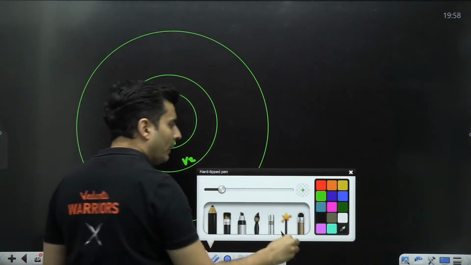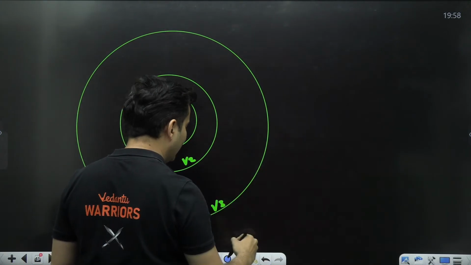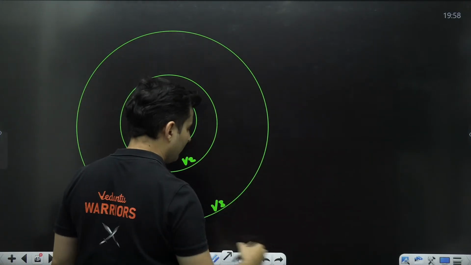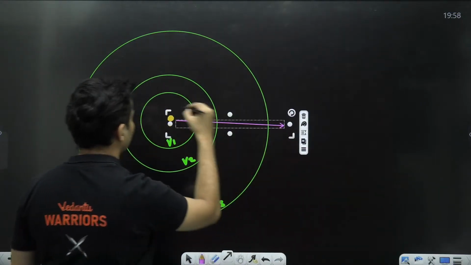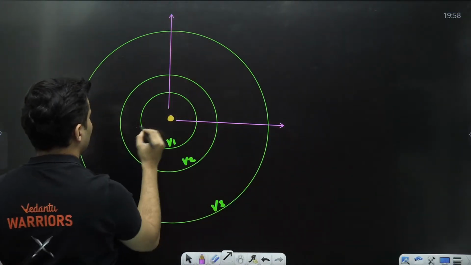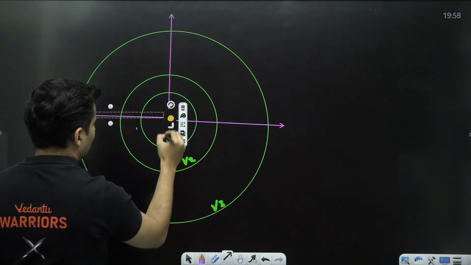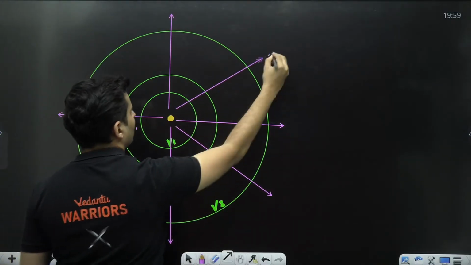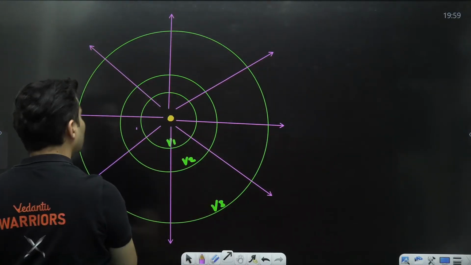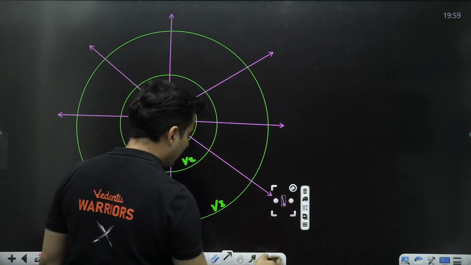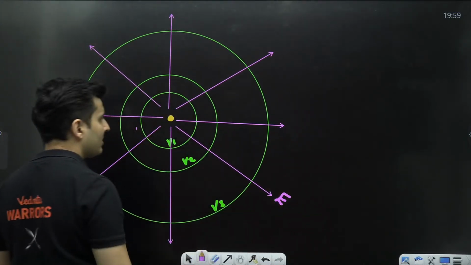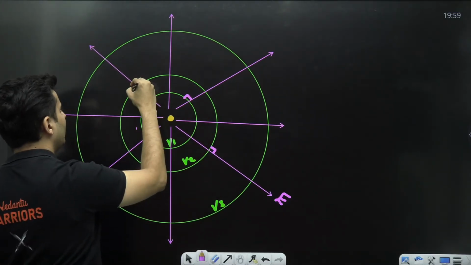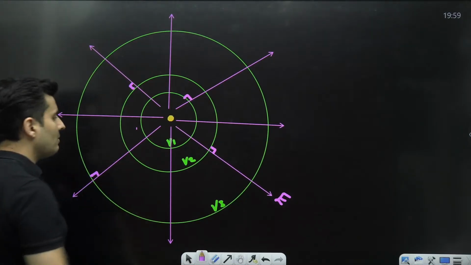Now, if you superimpose on it the electric field lines, they will look somewhat like this. Like this, and even more. These are your electric field lines. Notice how the electric field line is everywhere perpendicular to the equipotential lines.